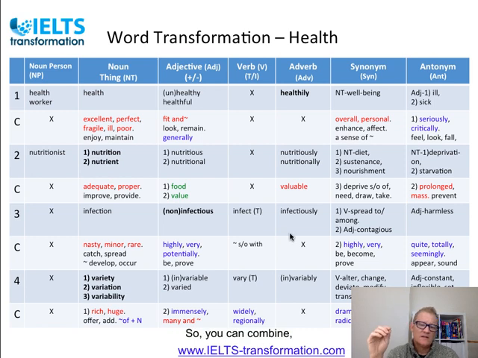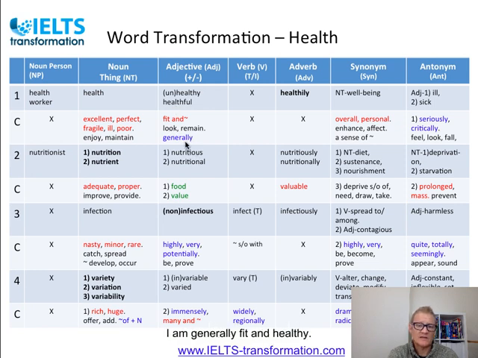So you can combine, black is a verb. You can combine these to create phrases or clauses. So I enjoy excellent health. She maintained fragile health. Fit and healthy. You look fit and healthy.